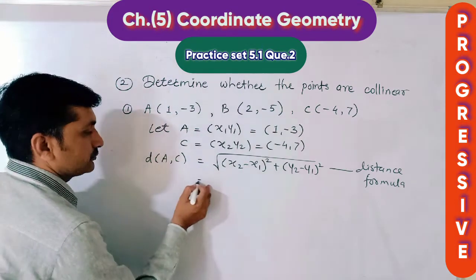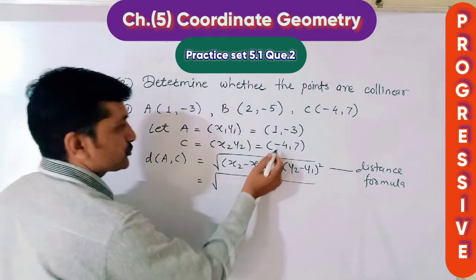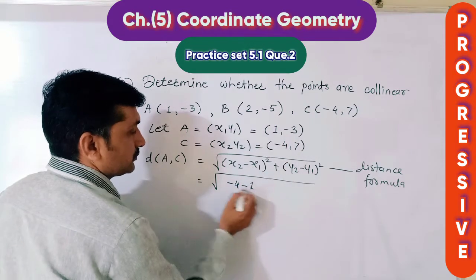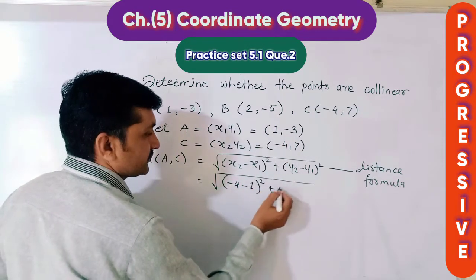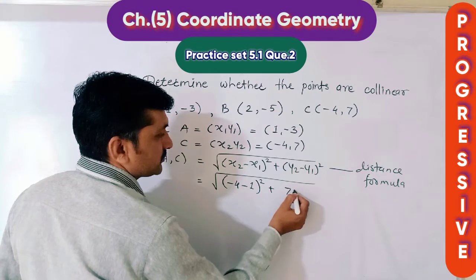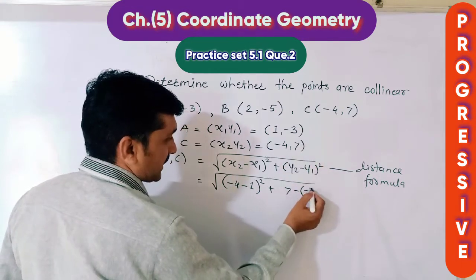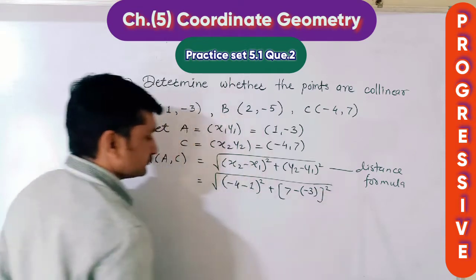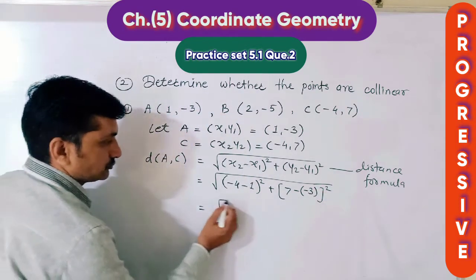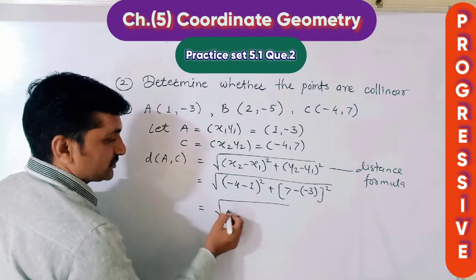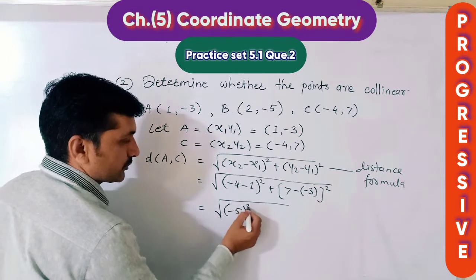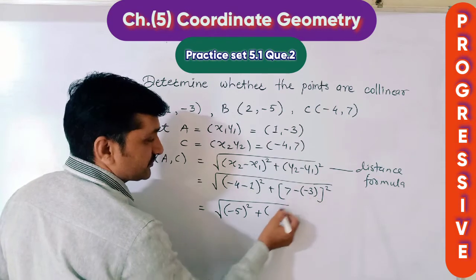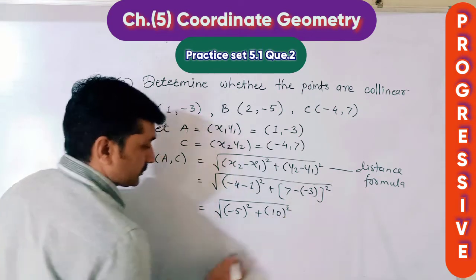Now put the values. Square root of x2 minus 4, minus from the formula, x1 1 bracket square, plus y2 7 minus y1 minus 3 in bracket, square bracket. It is equal to minus 4 minus 1, minus 5, bracket square, plus 7 minus minus plus 3, 7 plus 3, 10 bracket square.